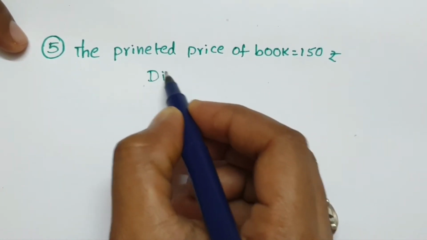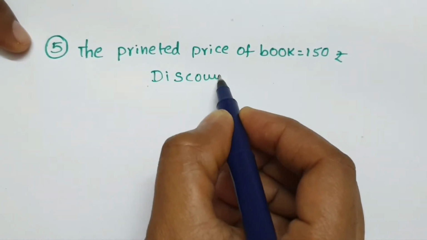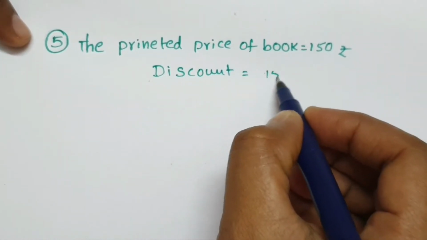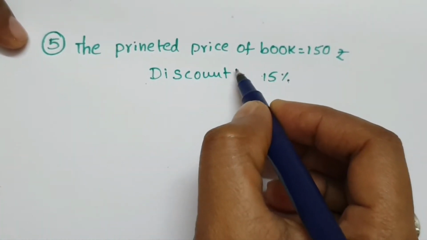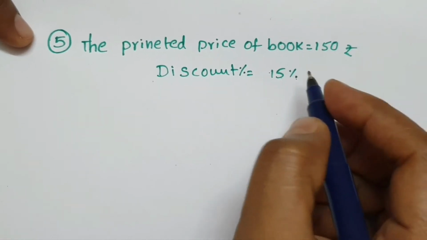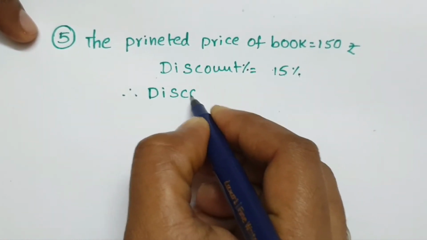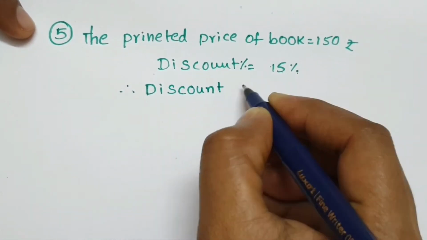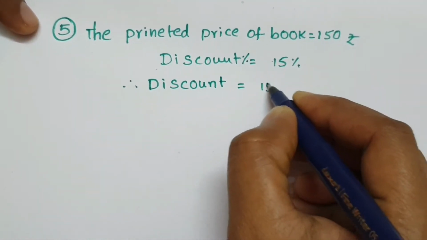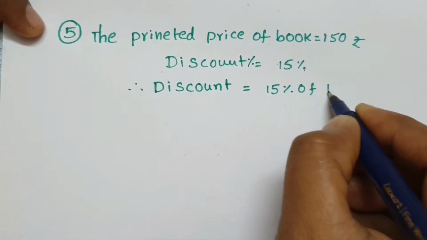And the discount percent they gave: discount equals 15%. Now the discount equals 15% of 150.